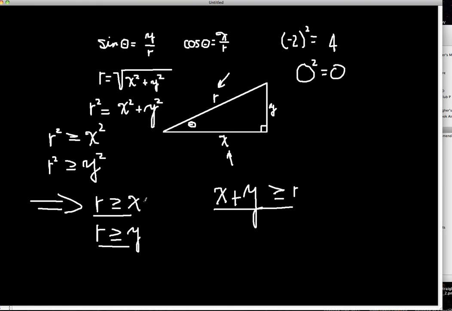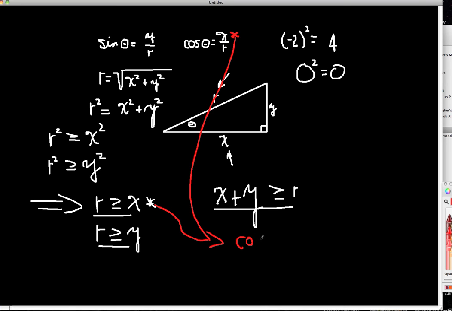So this right here, together with this, tells me that the cosine of theta must always be less than or equal to 1.